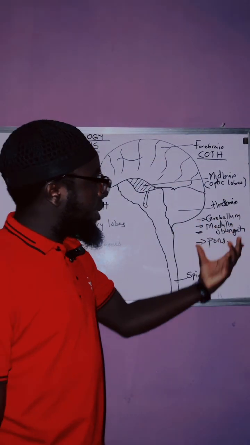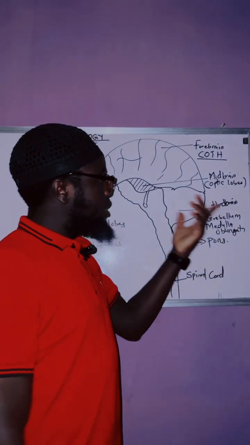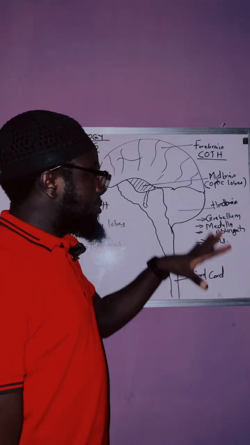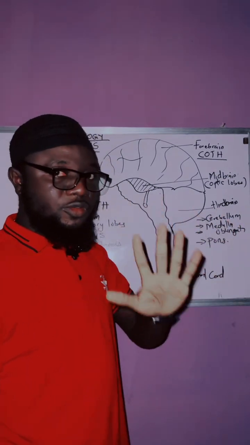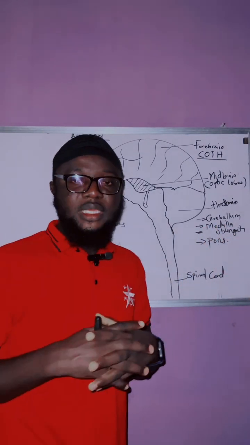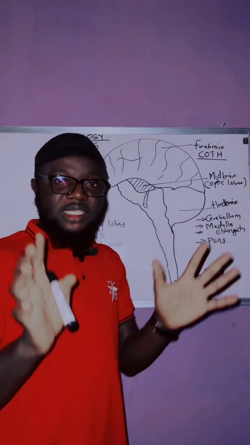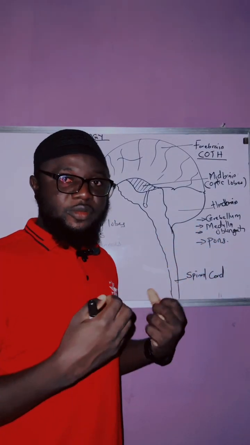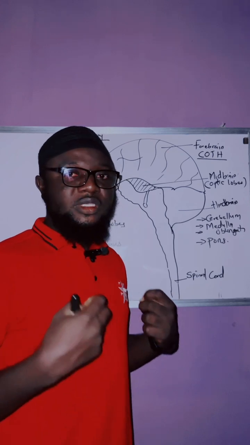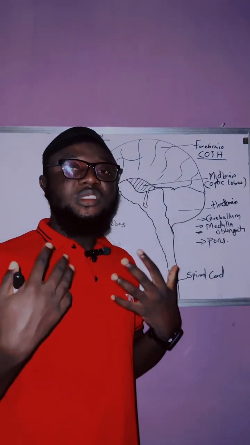Now, in the hindbrain, we have three major contents: the cerebellum, medulla oblongata, and pons. I want to talk about two for now. The first one is the cerebellum, and its function is that it controls muscular activities, like posture. If someone has very good control of their muscles, that person has a well-developed cerebellum.